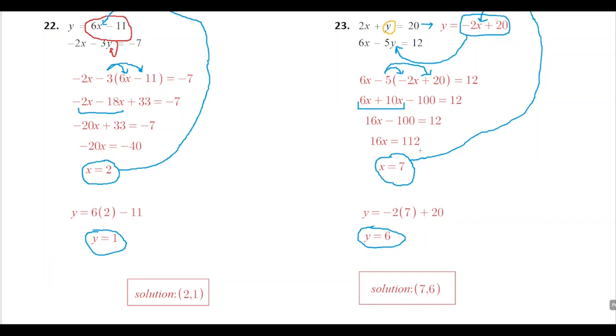Added 100 to both sides, divided by 16 and got 7. And then I took that 7, and you don't actually have to plug it into the original equations like these two. If you manipulated one so that you could isolate one of the variables, you can also plug it into here, which is what I did. So I had negative 2 times 7 plus 20, which gave me 6. So my solution was 7, 6.